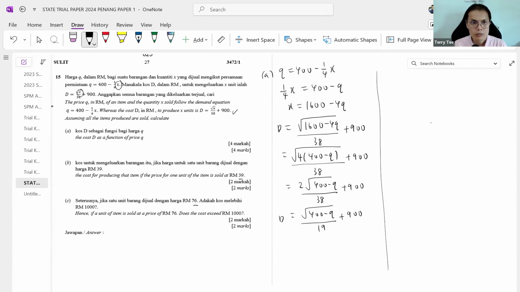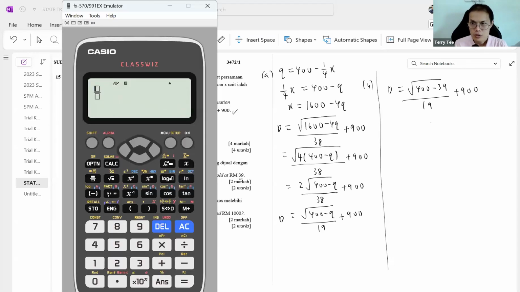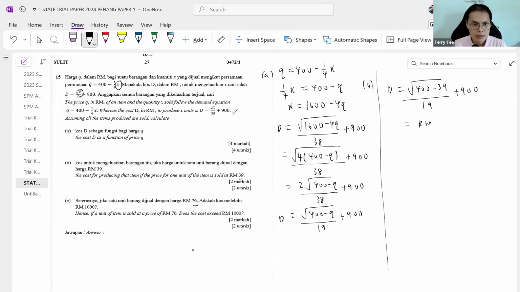So we substitute inside. D is square root of (400 minus 39), divide by 19, plus 900. Just use a calculator. You should get 901. Okay, simple answer. D is your cost, 901.